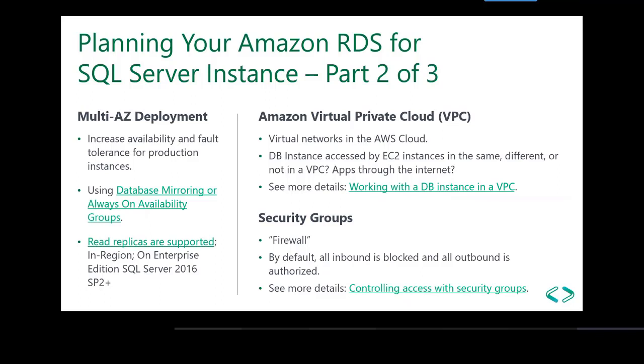Amazon RDS automatically fails over to the up-to-date secondary replica. In the past, prior to SQL Server 2016, these options were only available for other platforms. However, with SQL Server Enterprise Edition 2016 SP2 plus, you will have the option to do read replicas. You're going to be able to find more details here on this URL.